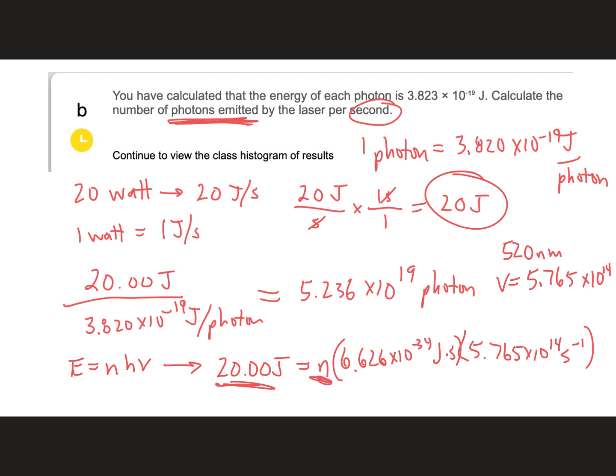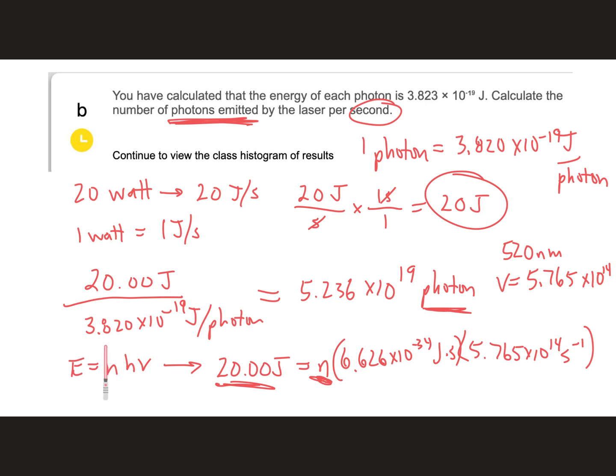This would still give you the same number of photons that we got here, so both of these would give you the correct answer. They're just different pathways, so don't be worried. If you use the second pathway and Chem 101 only offered the first pathway as the correct answer, you are not incorrect.